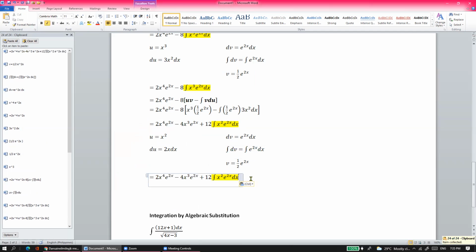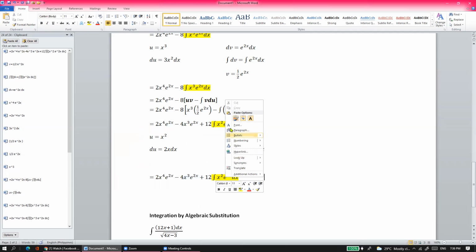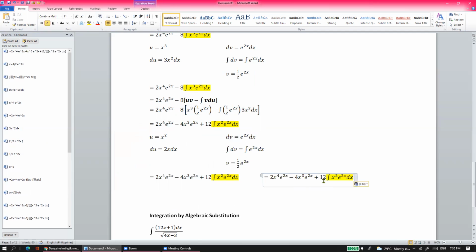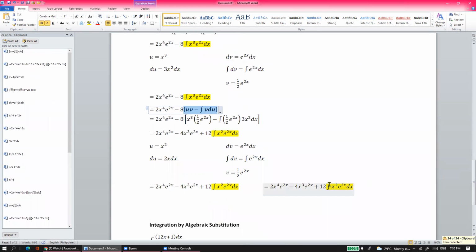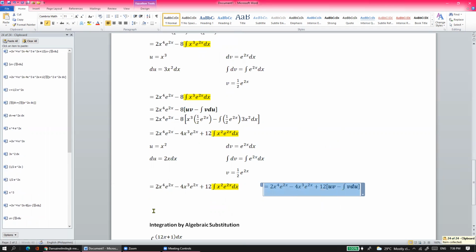Yan siya. And then papalitan ko lang yung naka-integral symbol dito ng naka-indicate sa formula natin kanina. Ito yun eh. Copy ko na lang ito. Yung naka-highlight, papalitan ko lang. That's it. So, copy-paste ko uli yan para dito tayo mag-substitution.